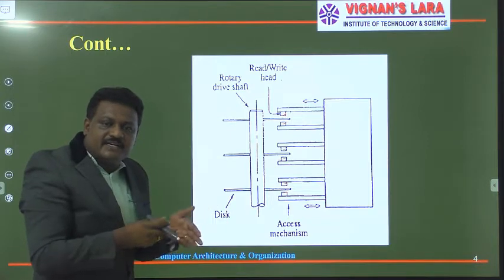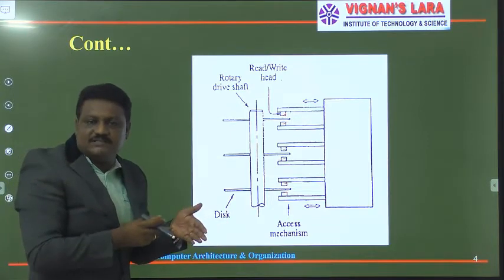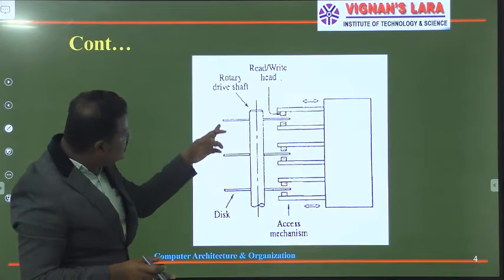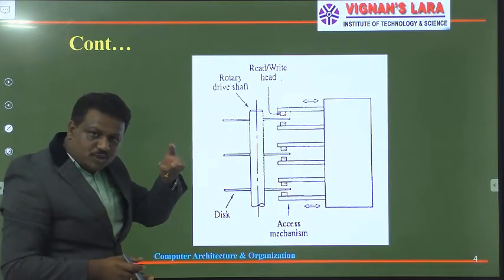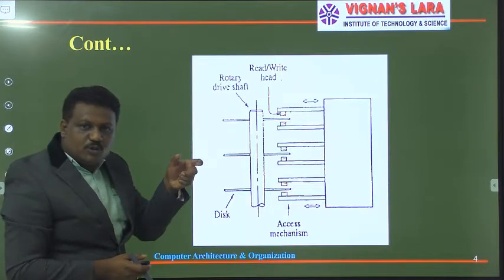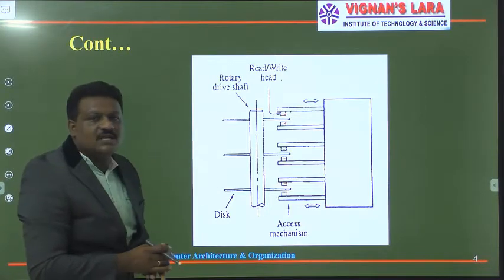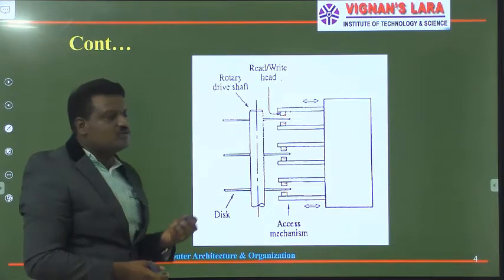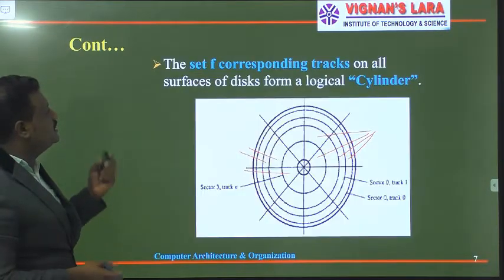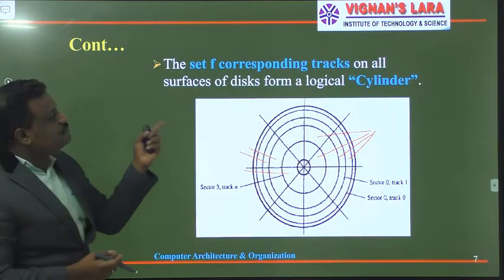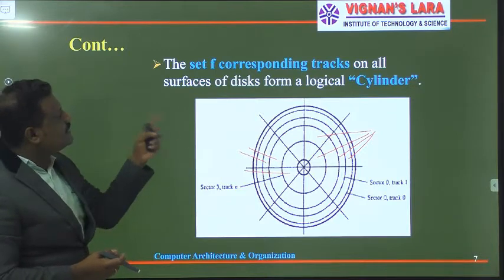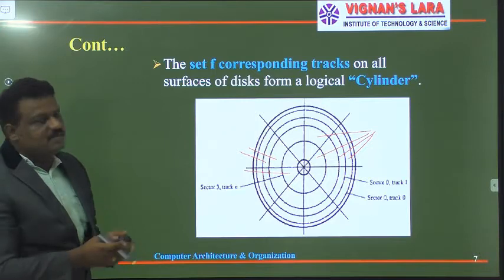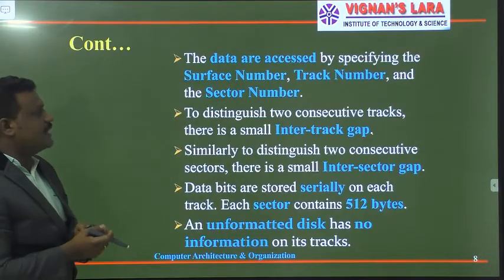Those are again divided into small partitions, which we consider sectors. If I consider this disk and this disk and this disk, a portion of the sectors of all these six surfaces forms a logical cylinder. So that's what we are mentioning here. A set of corresponding tracks on all surfaces of the disk forms a logical cylinder. So you have to keep that in your mind.